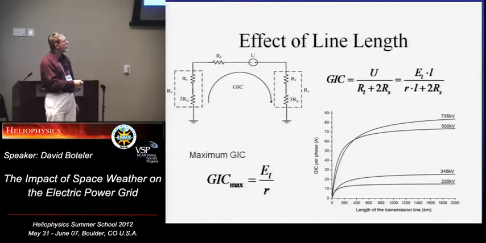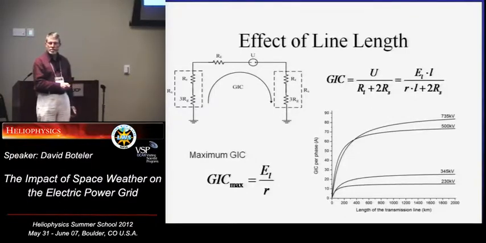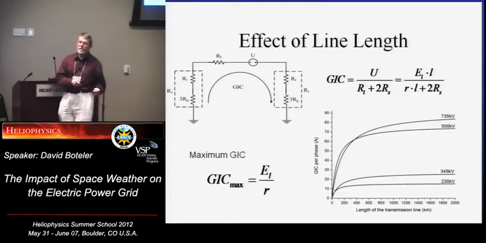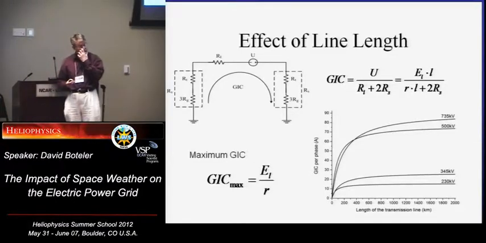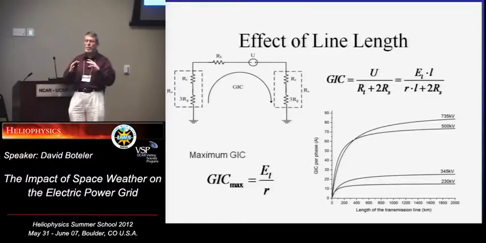Now, something else from a practical point of view: higher voltage lines tend to have larger GIC. And the reason for this is that as you go to higher voltage, you've got more of a problem with electrical discharges into the air, with arcing from the lines.